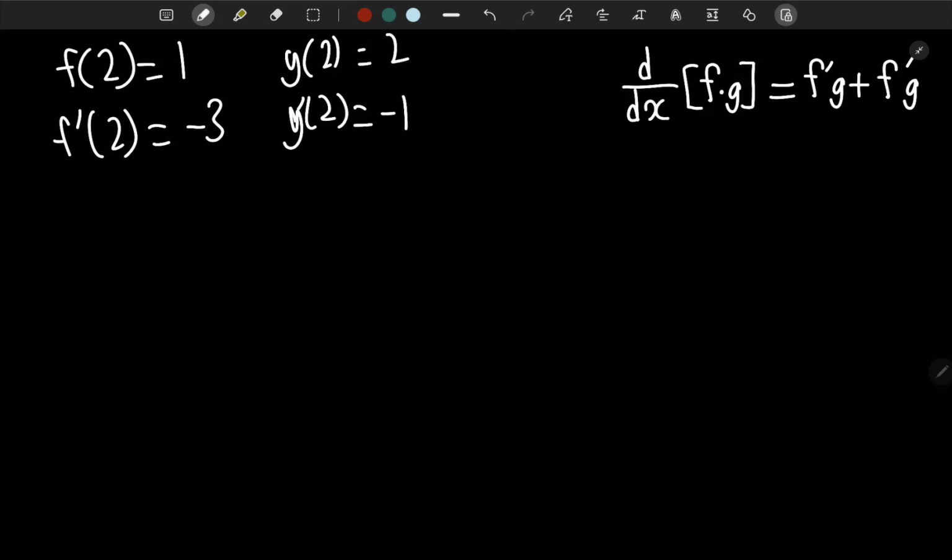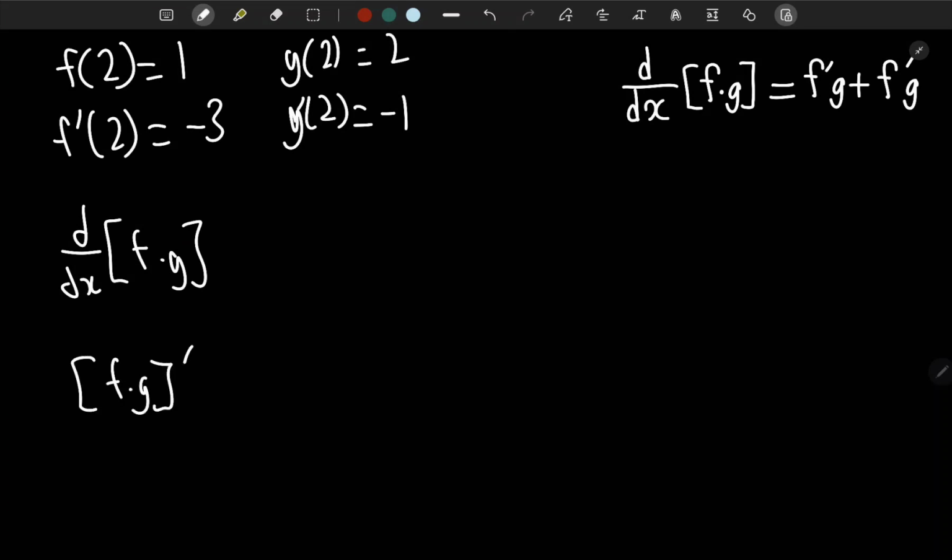And they might ask you what is the derivative of, let's say, fg. Or another format that they might give you is (fg)' like this.